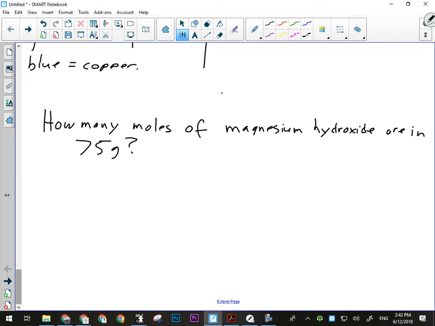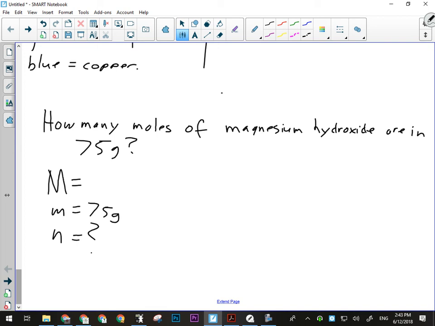Okay, so how many moles of magnesium hydroxide are in 75 grams? We're looking for N because the question wants us to find the number of moles. They told me the mass is 75 grams.